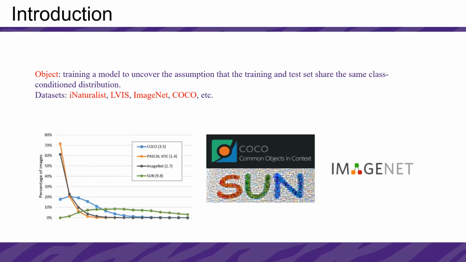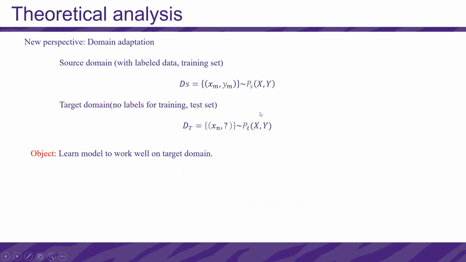There are many long-tailed datasets like iNaturalist, LVIS, ImageNet, and COCO, etc. And you can feel the distribution from this image. Yeah, the head classes have the majority of samples in the whole dataset. So here is the theoretical analysis.